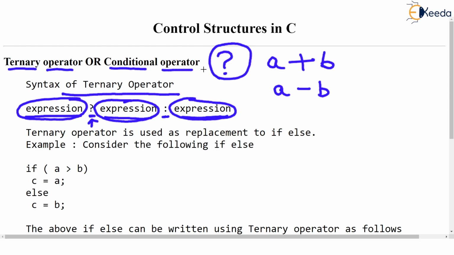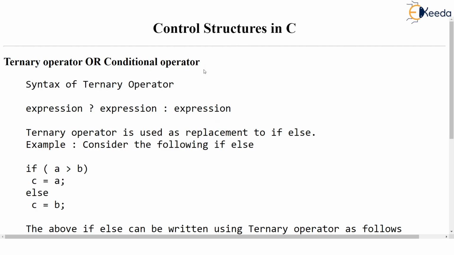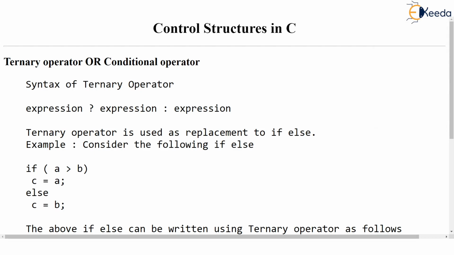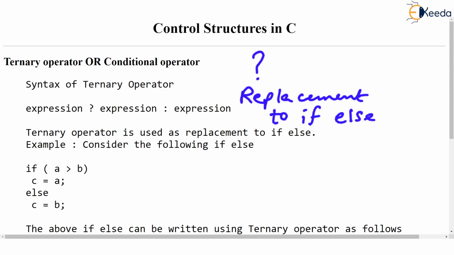But the next question comes, why is it called a conditional operator? Basically, this question mark operator can be used as a replacement to if else. So in case you don't want to use if else, you can use the question mark.